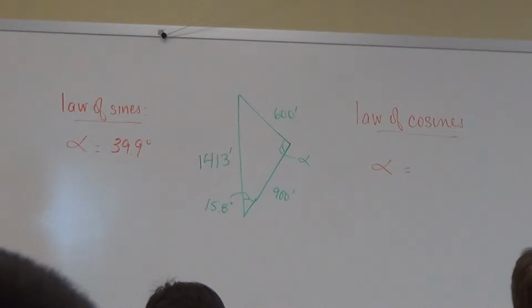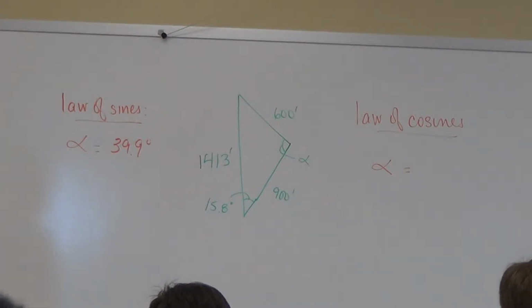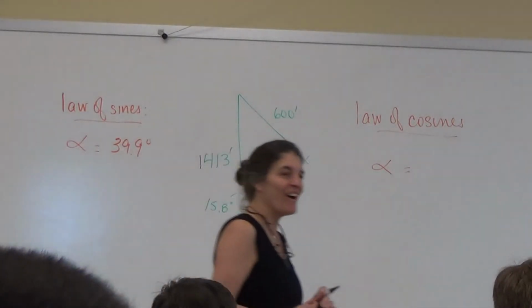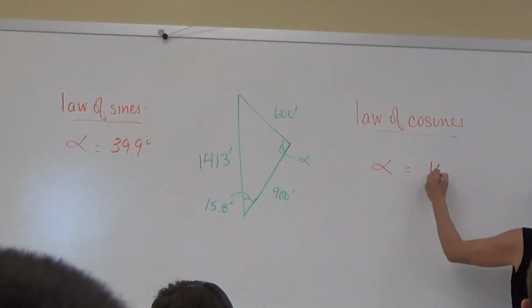A squared equals b squared plus c squared minus 2ab cosine c. I got 140 degrees.